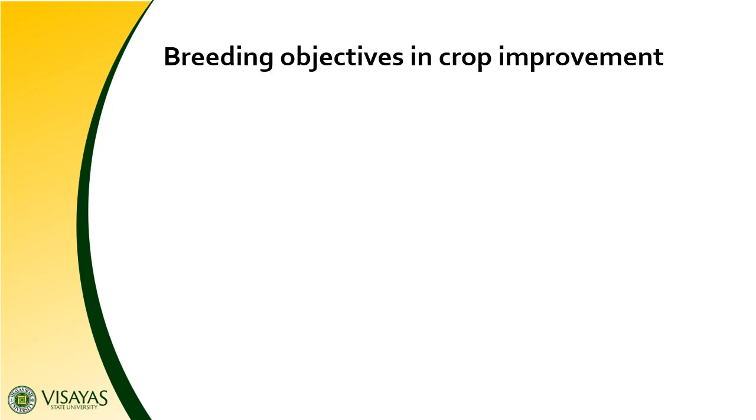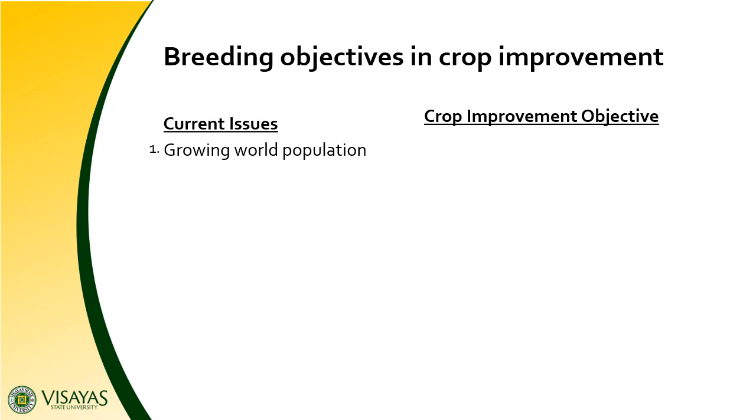Breeding objectives in crop improvement are geared towards fulfilling human needs. So here are the current issues faced by humans, and here are the crop improvement objectives based on answering these current issues. Number 1, growing world population. As the world population grows, it means that there are more mouths to feed.